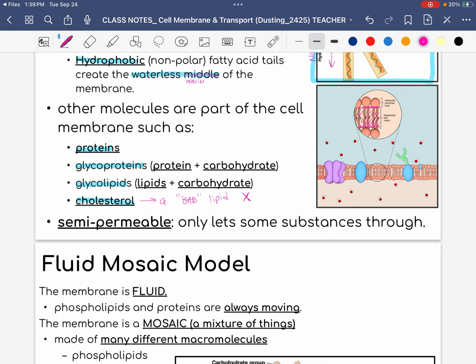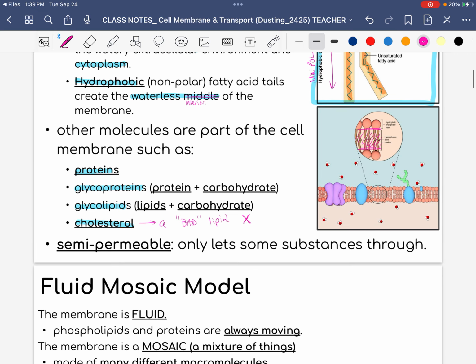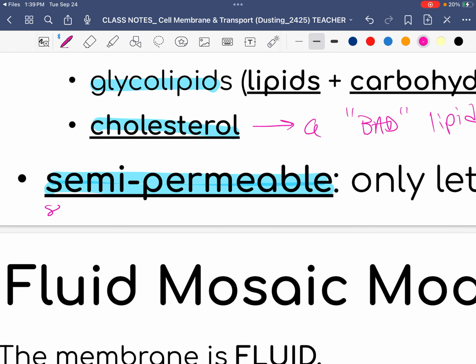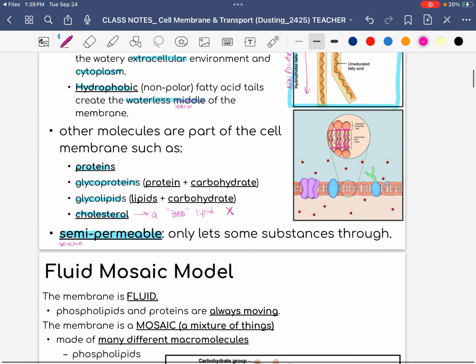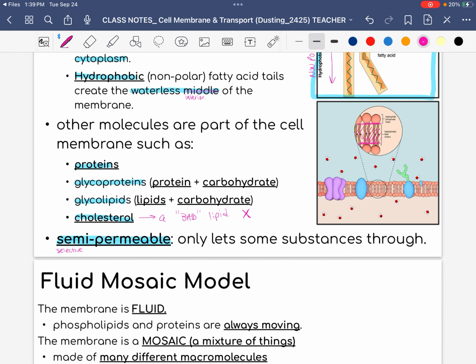It's not fair to say it's bad 100% of the time. And then we've already talked about how the phospholipid bilayer is semi-permeable, or selectively permeable. It only lets some substances in and out. It controls what goes in and out of the cell.